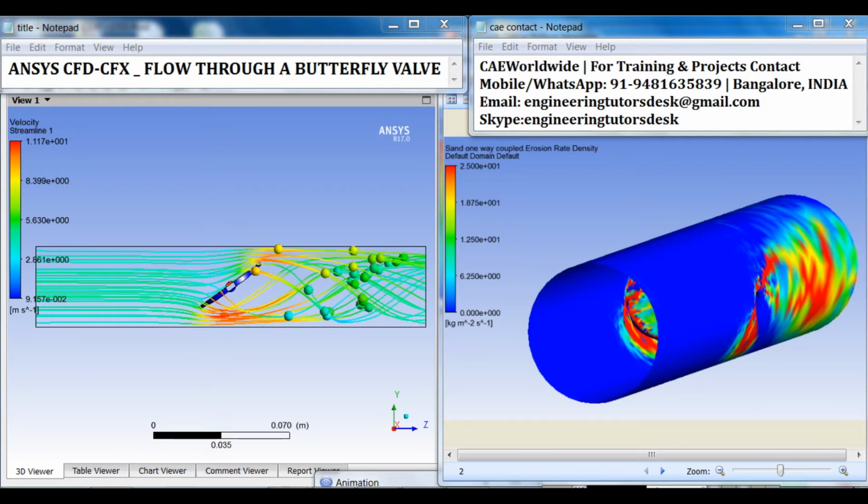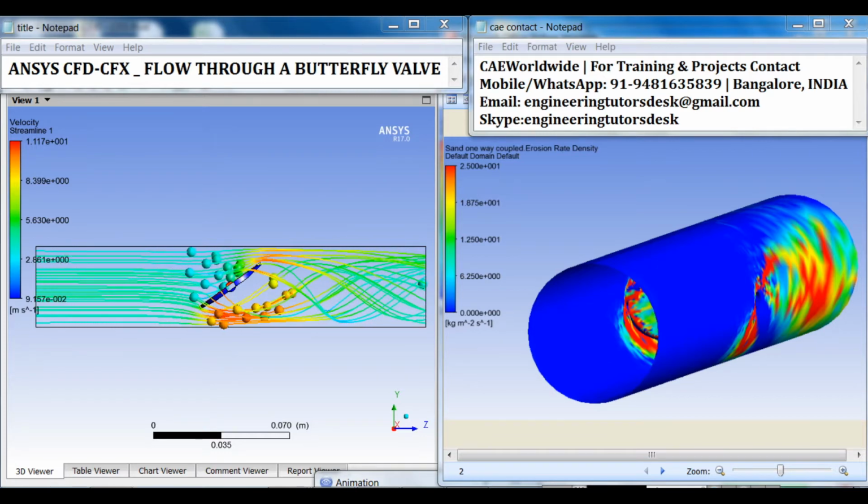A butterfly valve typically consists of a metal disc formed around a central shaft, which acts as its axis of rotation. As the valve's opening angle, theta, is increased from 0 degrees, which is the fully closed condition, to 90 degrees, which is the fully opened condition, fluid is able to more readily flow past the valve.